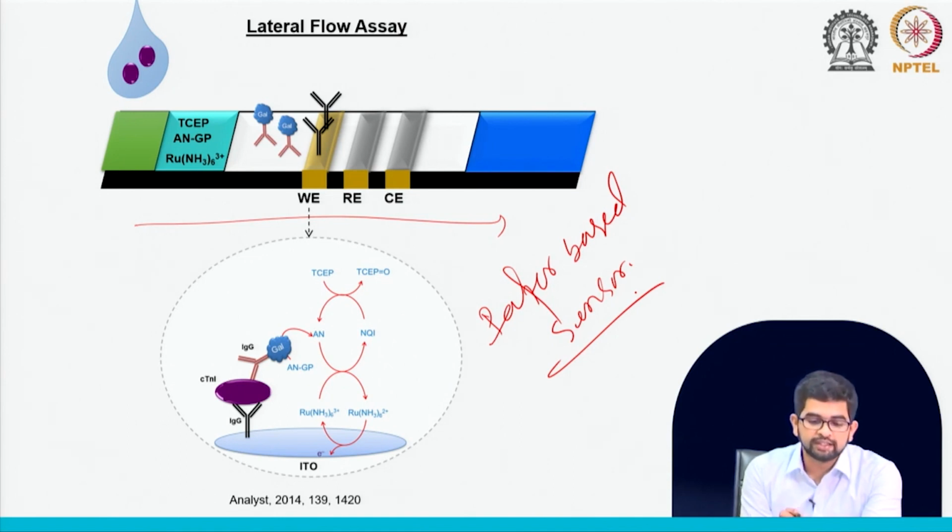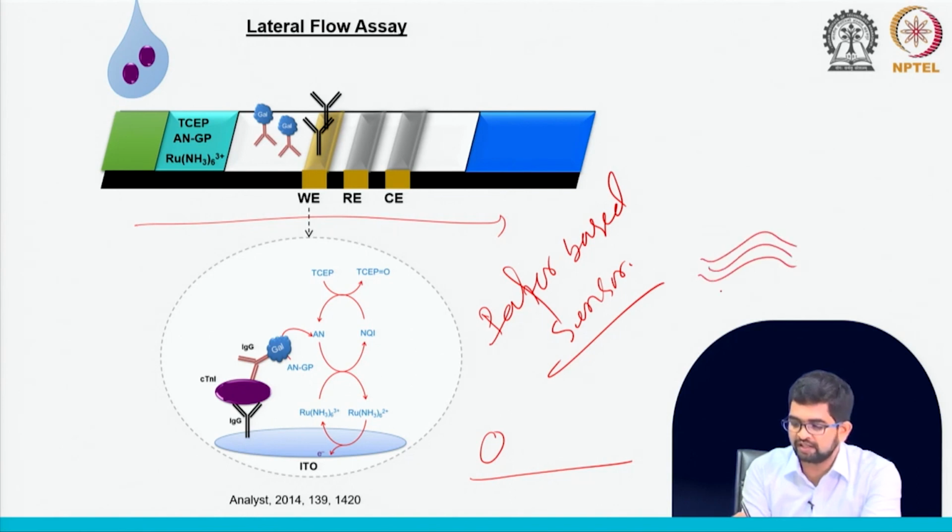There we just drop the sample on one part, and because it is made of paper, if you see the microscopic structure of the paper, there are lots of random kinds of threads. Because of this you are facing lateral flow in the paper.